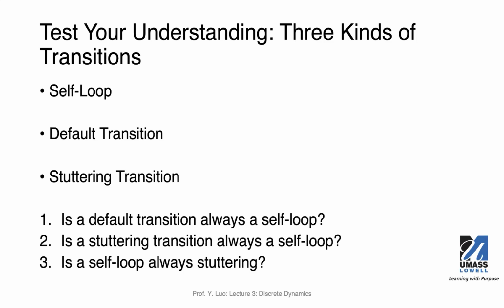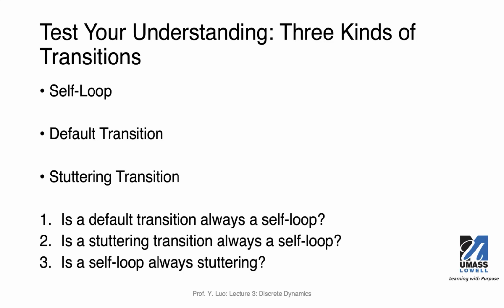I'm going to say no. Why is that? Because a default transition is just when none of the other guards are achieved. So I don't see a reason why you can't have a default that brings you somewhere else. That's correct. So a default transition is not always a self loop. It could be transitioning to another state.